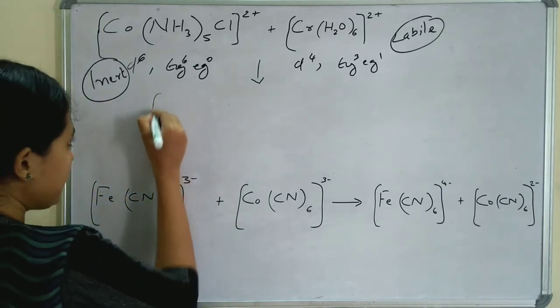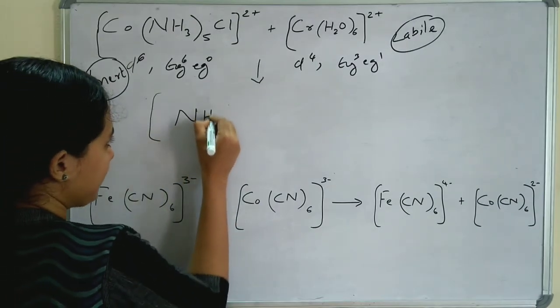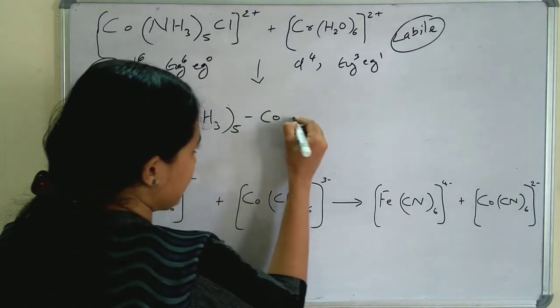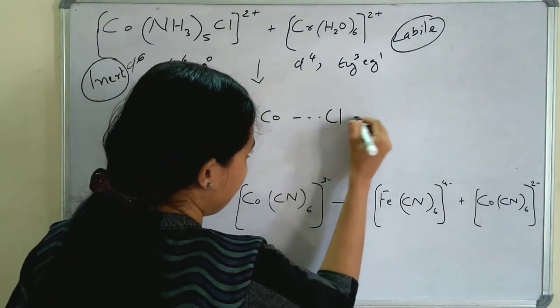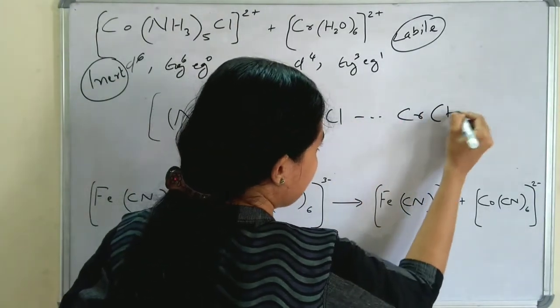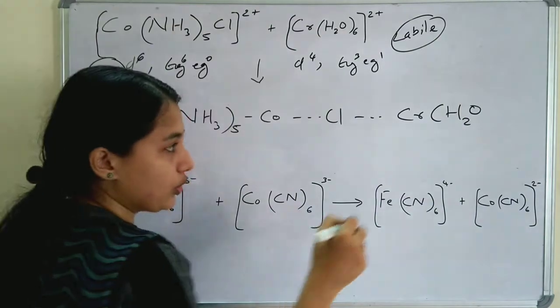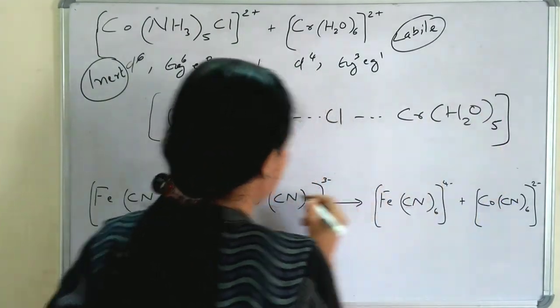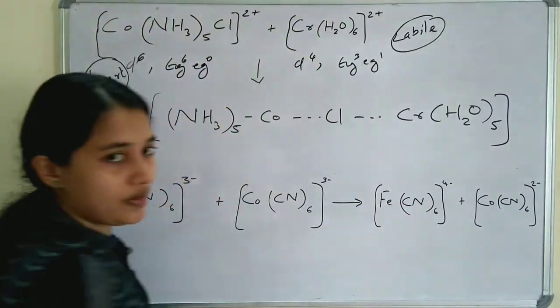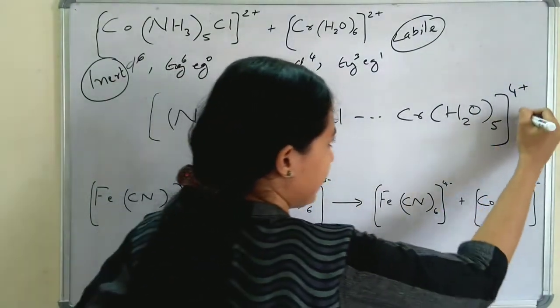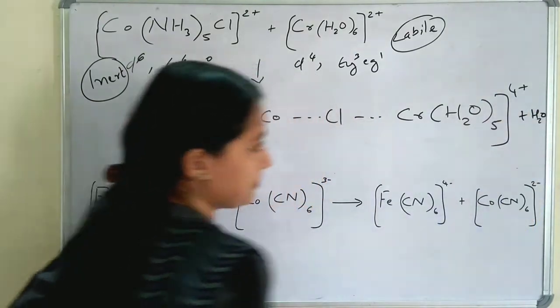So the intermediate will be (NH3)5 Co, then chlorine shared between the two spheres, then Cr, with one water molecule eliminated, then (H2O)5. So the total charge will be 2 plus 2, 4+. And one water molecule is eliminated.